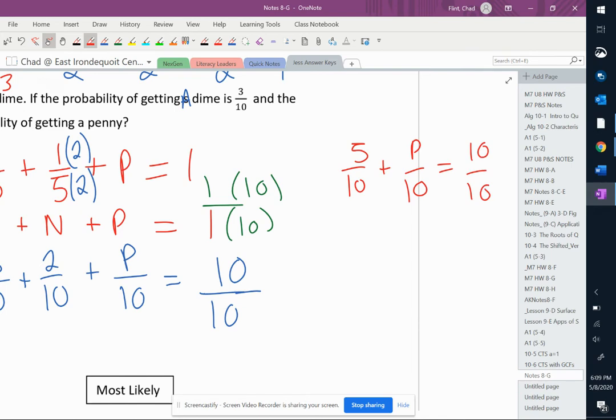Well, that tells me right there that 5/10 plus what tenths gives me the 10/10. So obviously the probability of getting a penny is going to be 5/10, or 1/2.